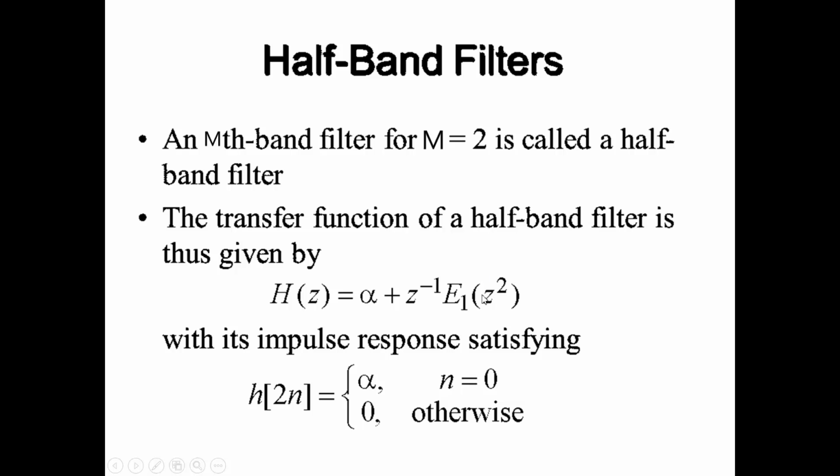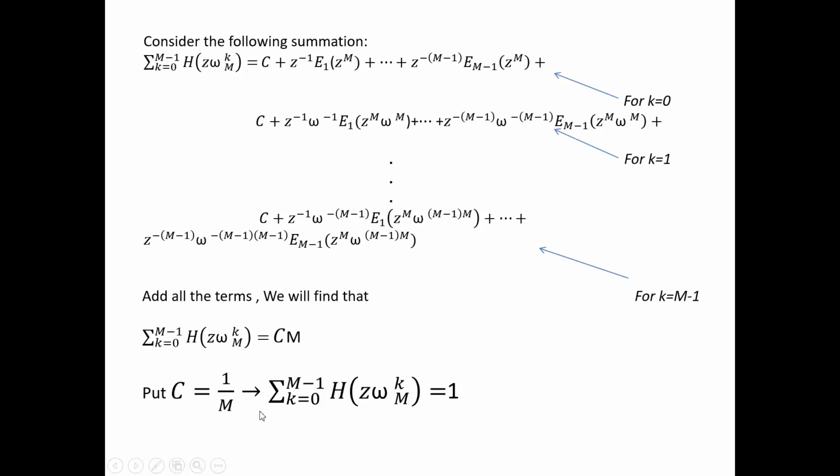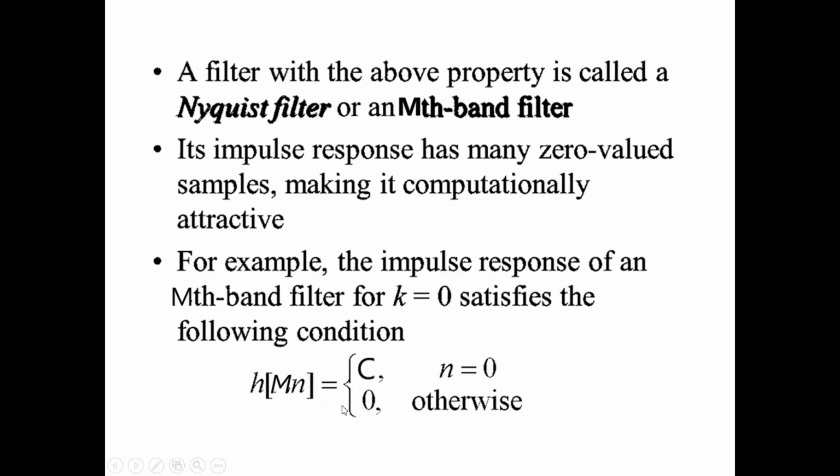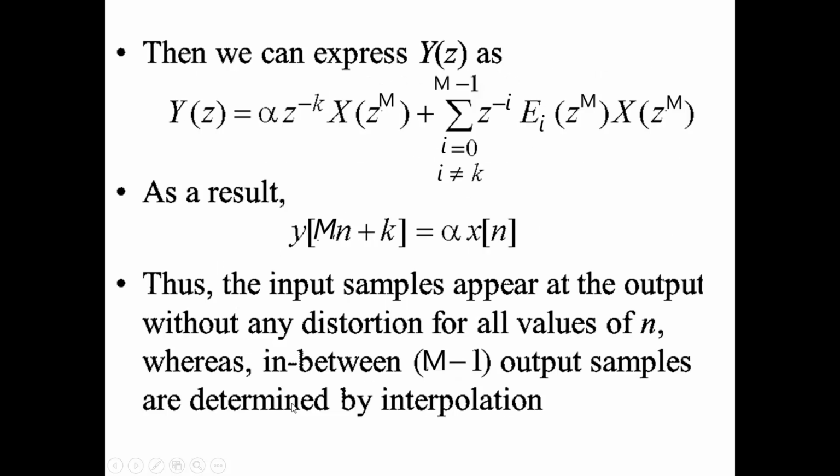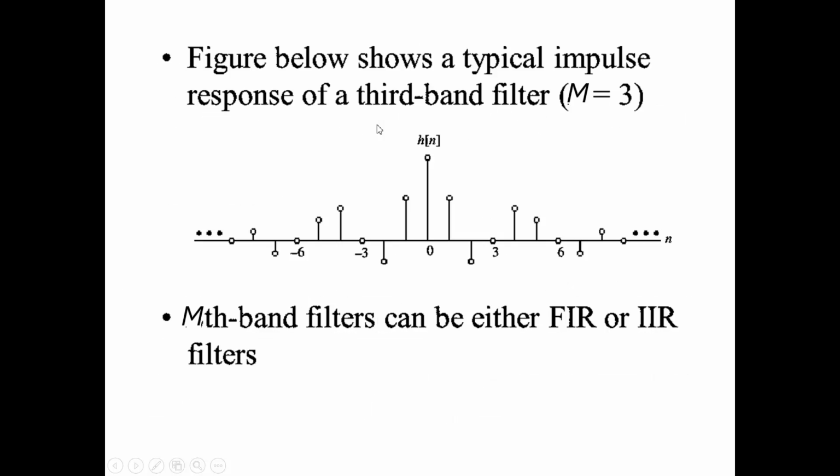So because we are considering capital M equal to 2, this will be E1(z to the power 2), because in the general case it was z to the power M, so here it will be 2, and its impulse response you will get from this equation, h of Mn, the equation from where we have got this value.